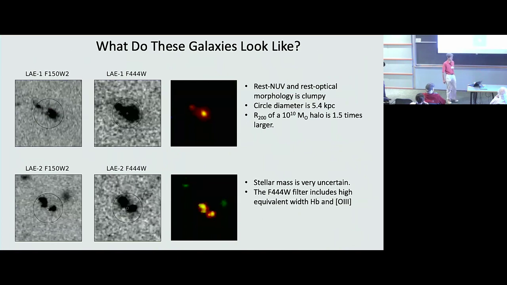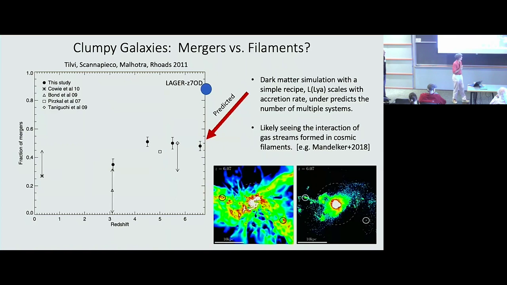So I'll finish up here just by pointing to the morphology of these Lyman alpha emitters. There are two examples here, where this is the rest near-UV picture and this is the rest optical spectrum picture. The rest optical contains strong H beta and O3, so think of it as an emission line object. These are clumpy galaxies, and 85% of them are clumpy.